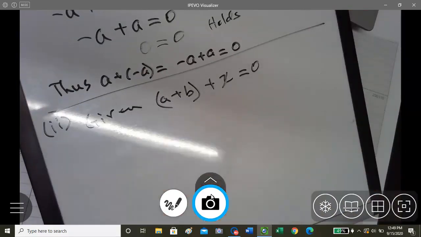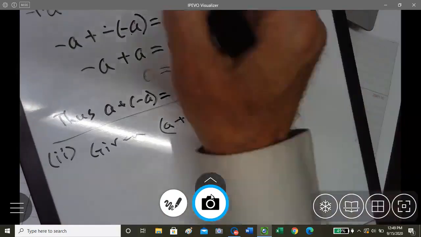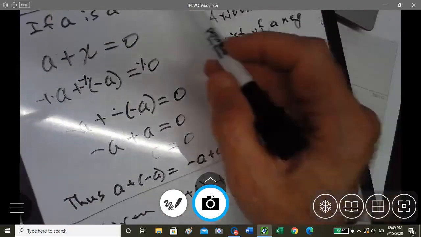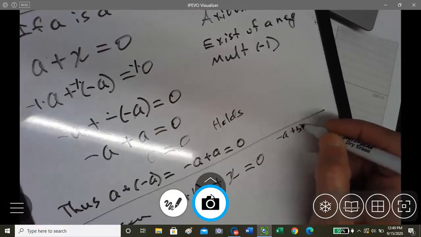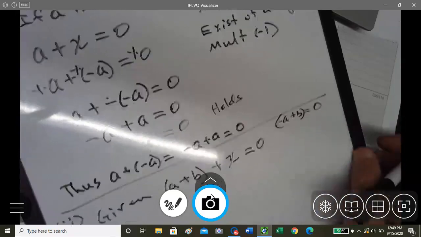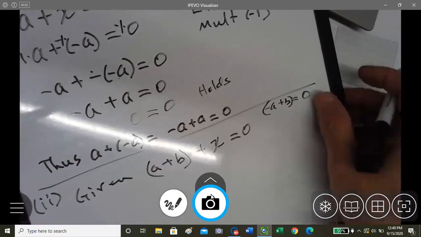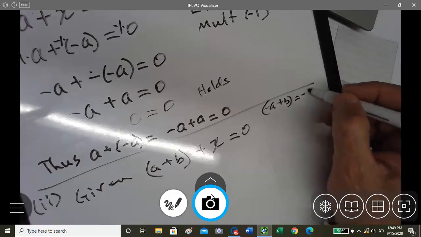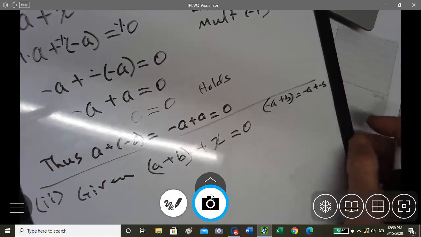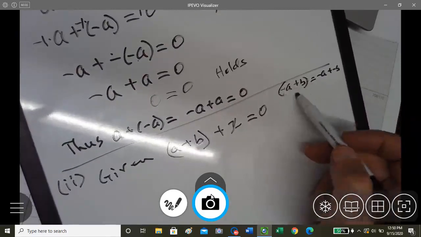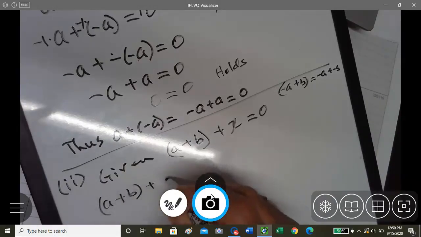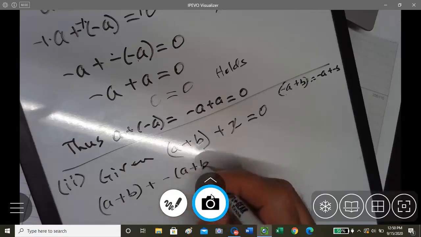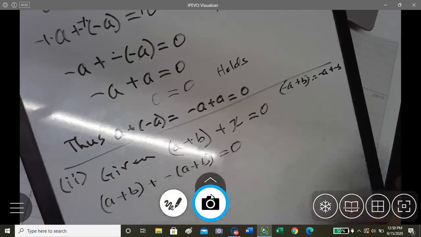So now we're going to take this negative a plus b and substitute that in for x. So that'll be a plus b plus negative a plus b equals 0.